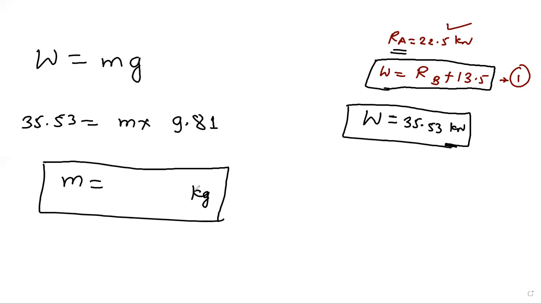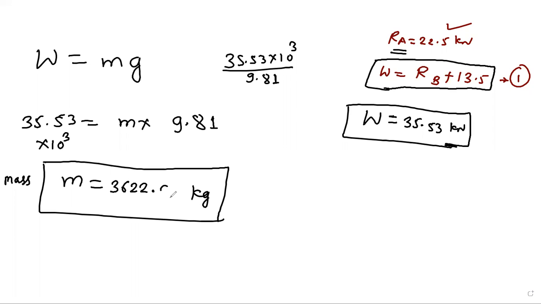Since it is in kilonewton, you have to multiply by 10 raised to 3. So 35.53 into 10 raised to 3 divided by 9.81. How much is it? 3622.25.